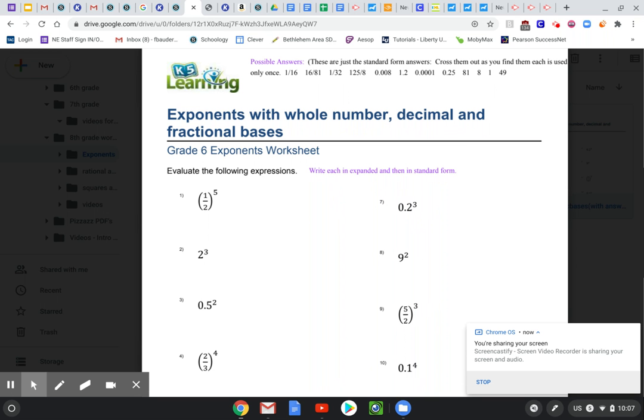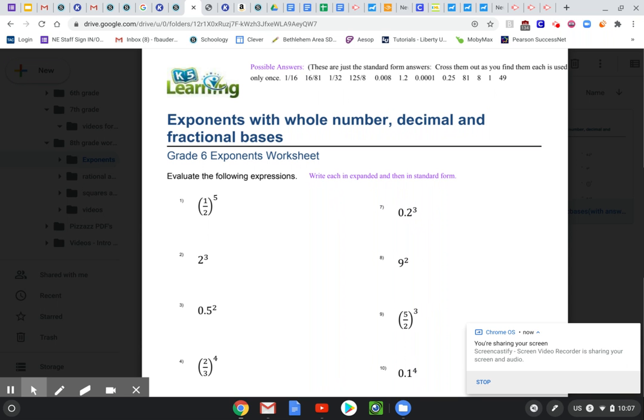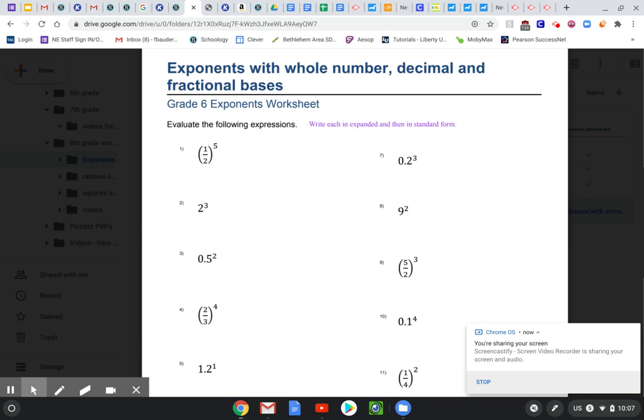So remember we said that with exponents, the base is the big number. The exponent is the small number.